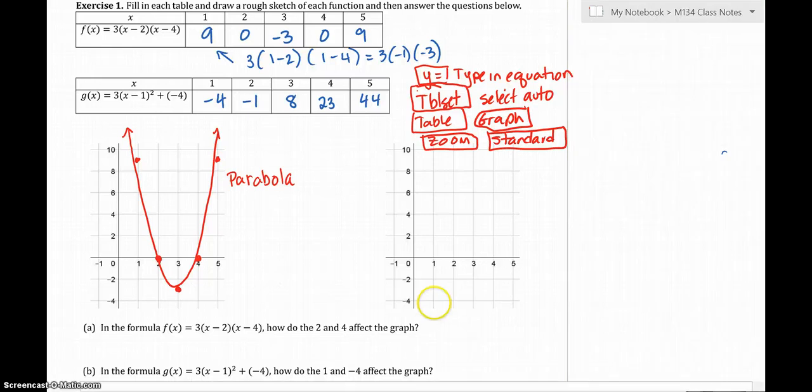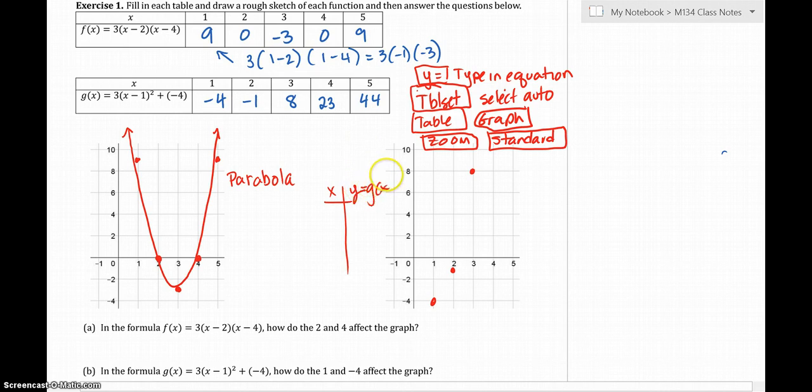So we have 1 is -4. So I'm going to graph that point. 2 is -1. 3 is 8. And then 4 is 23. That's a little too big. That's harder to tell what the values are. So what I'm going to do is I'm going to do one more point here.